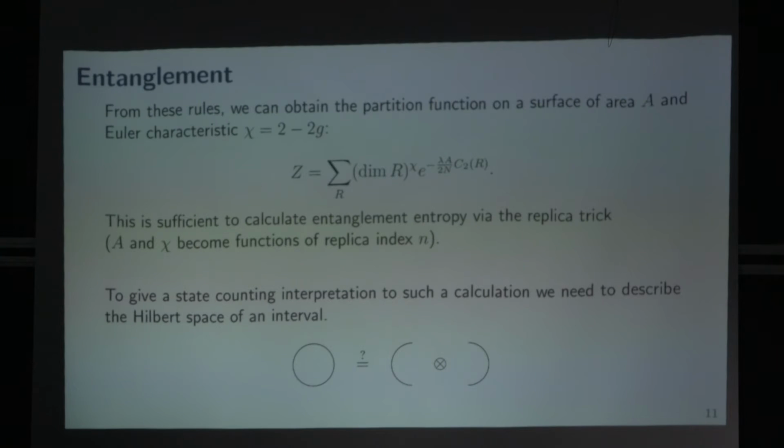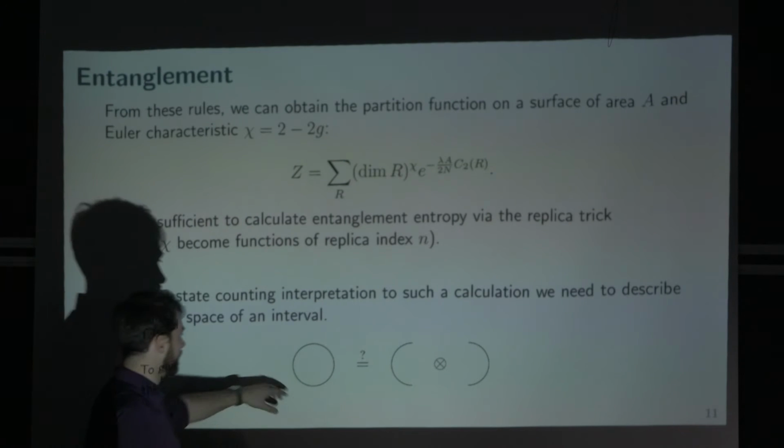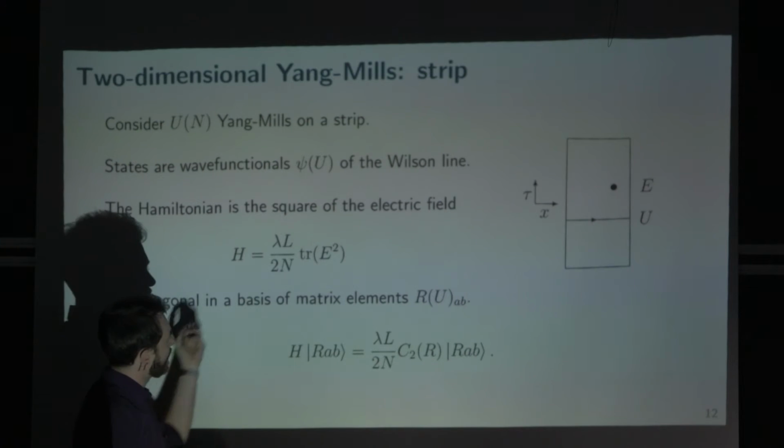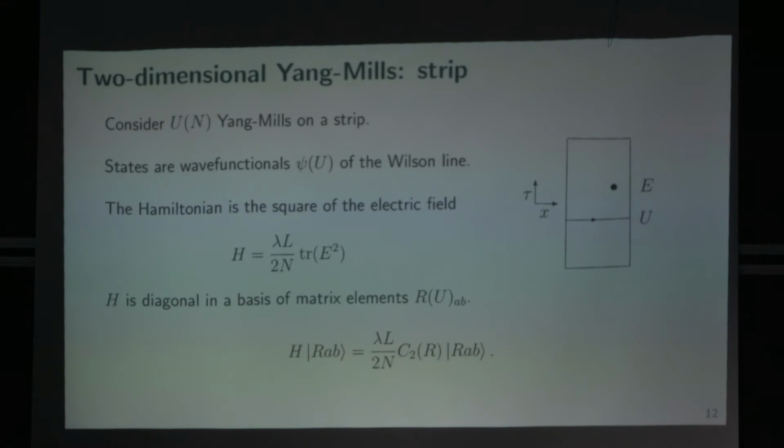Okay, so the point is now we want to have a canonical description not only of circles but of intervals. So let's consider Yang-Mills theory on this strip geometry. Now states are still wave functionals of this Wilson line, but now it's a line, not a loop, and you don't impose gauge invariance at that extra endpoint. They're just arbitrary functionals.